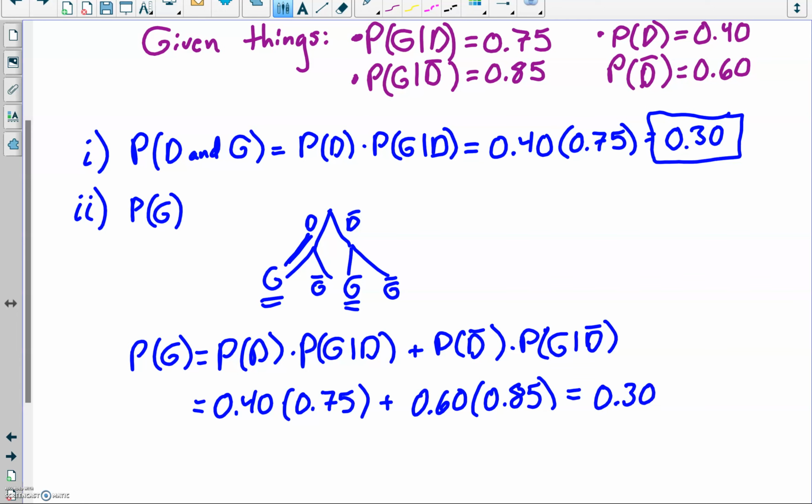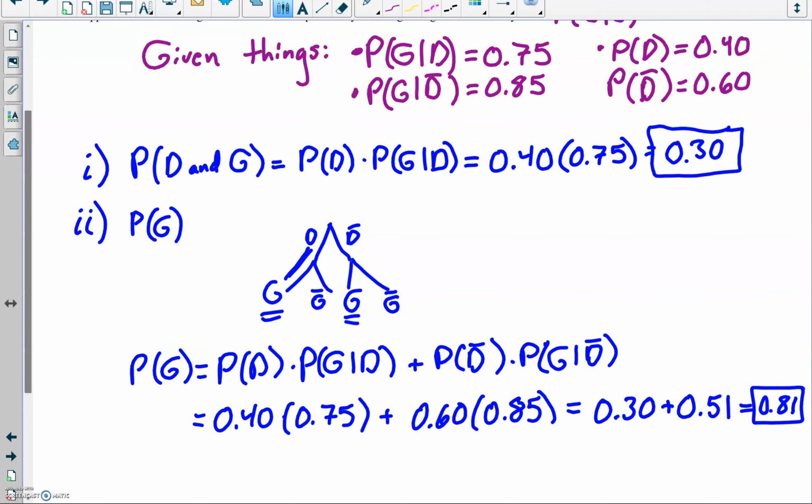And 0.60 times 0.85 ends up being 0.51. And adding those together, you get 0.81. So there's an overall 81% chance that these seeds will germinate. If you're just putting it all together in a general sense, you've got an 81% chance that these things are going to germinate.